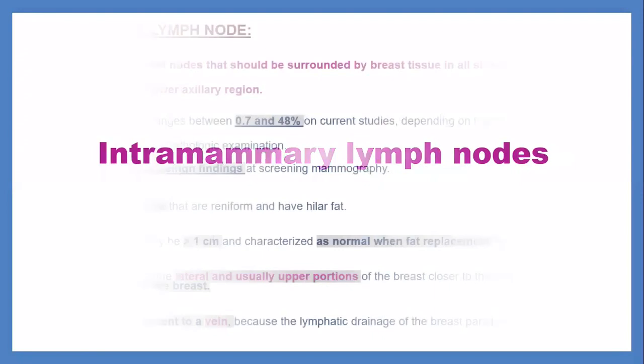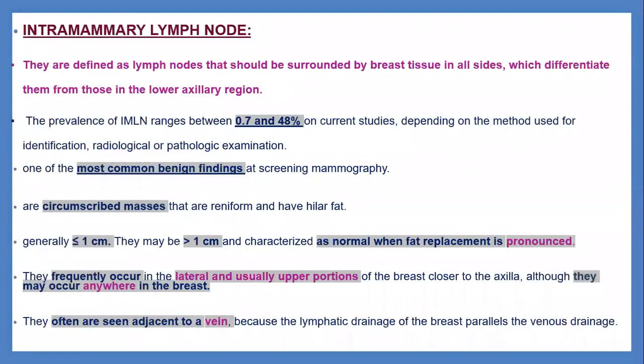Intramammary lymph nodes are to be differentiated from those in the level 1 or lower axillary region by being surrounded by breast tissue.